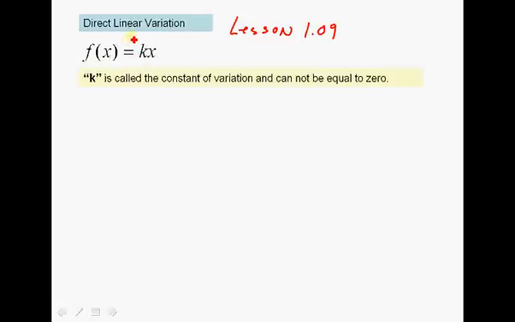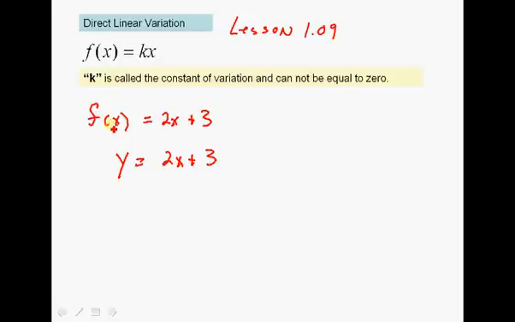Now first I just want to start off with this concept of f of x, this function thing. I need you to not get too freaked out by that. You've seen some of these functions, f of x equals 2x plus 3. Another way of thinking of f of x is just y equals 2x plus 3.